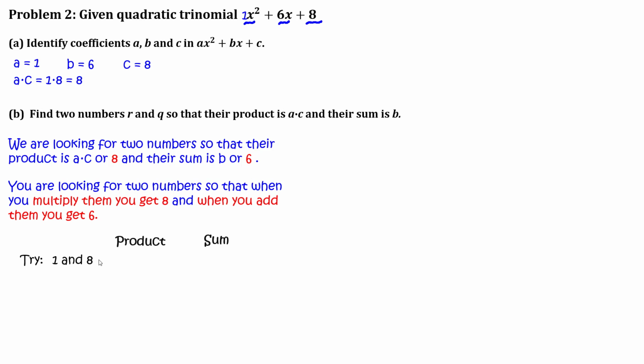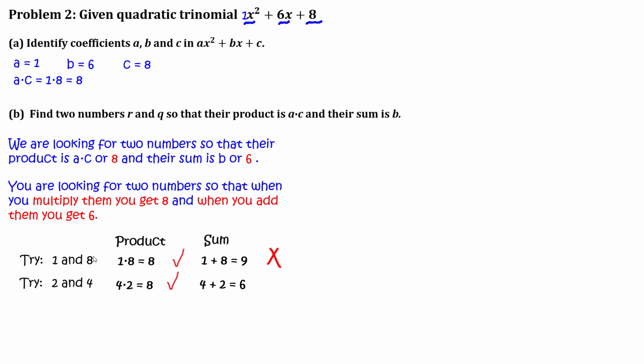So two numbers that multiply to 8. Let's try 1 and 8. 1 times 8 is 8, so they do multiply to give you 8. Do they add up to give you 6? 1 plus 8 is 9. That's not 6, so it cannot be 1 and 8. How about 4 and 2? 4 times 2 equals 8, so that checks out.